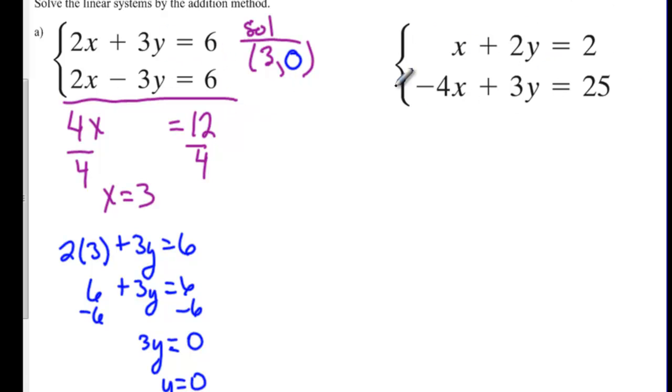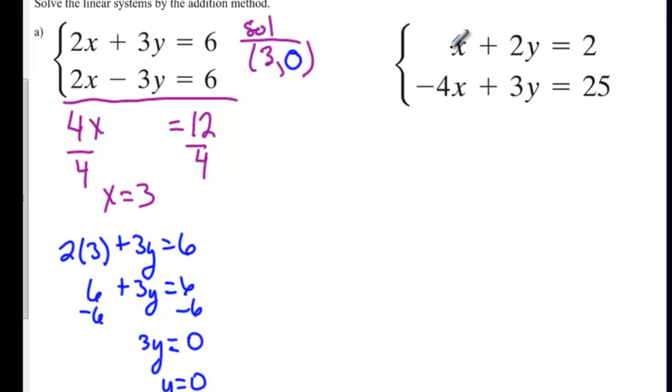All right, for b, if we look, we cannot just add straight down and get things to cancel. But keeping in mind that if we do the same thing to both sides of an equation, it's still equivalent. I see that I have a negative 4 here and a positive 1 here. So if I multiply the top by 4, then my x's will cancel.